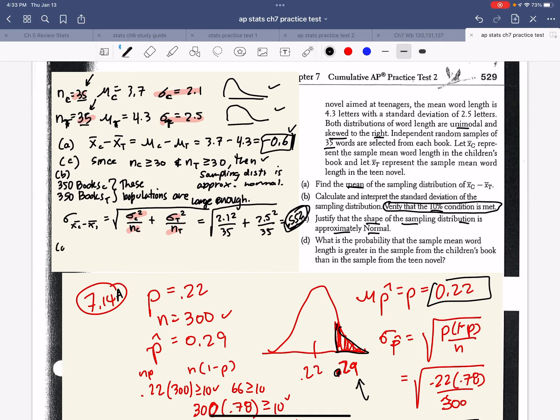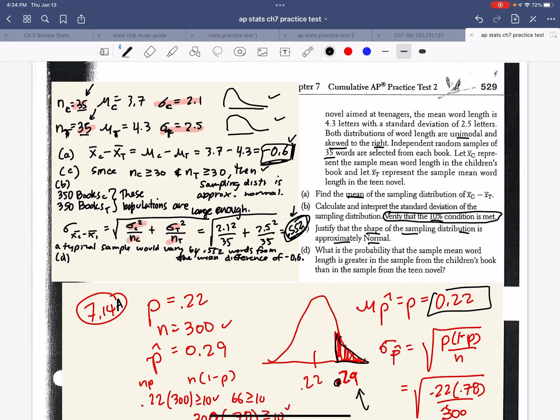I should write something in there like, a typical sample would vary by 0.552 words from the mean difference of negative 0.6. Okay, so that's how wide it would be to the left and the right of this number.